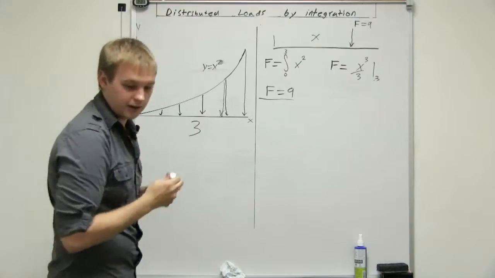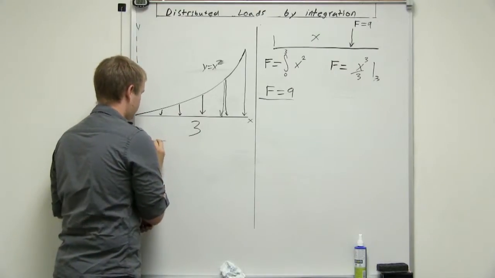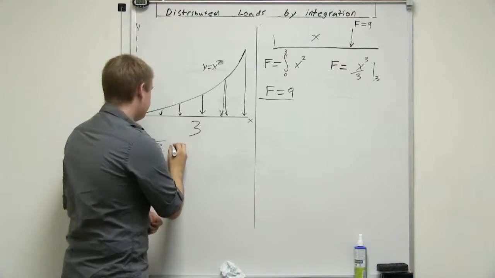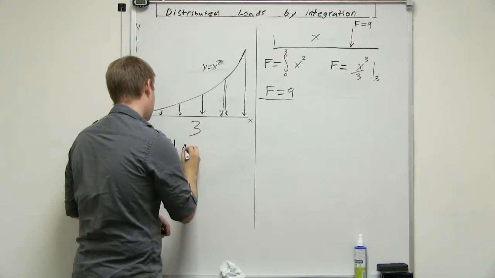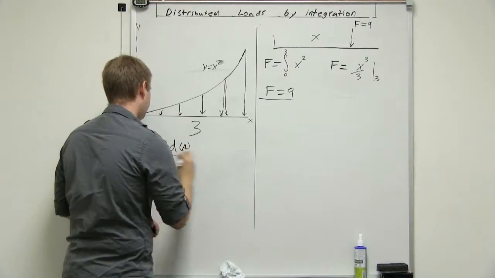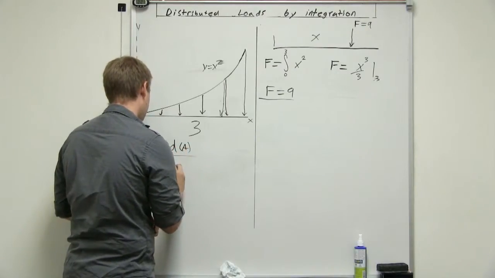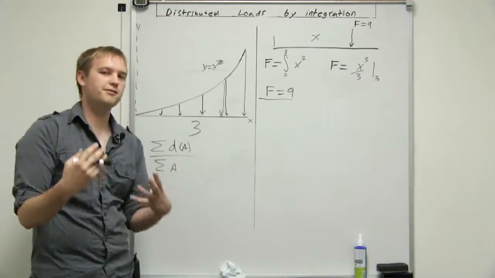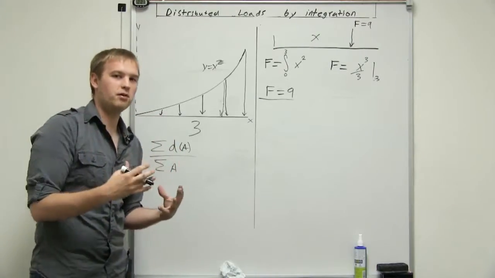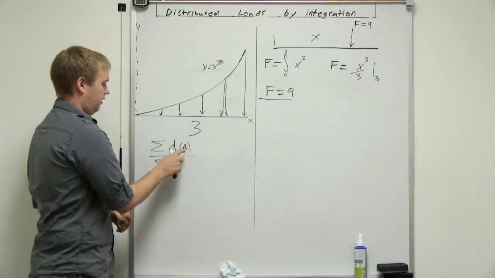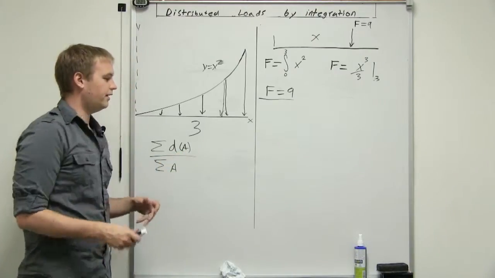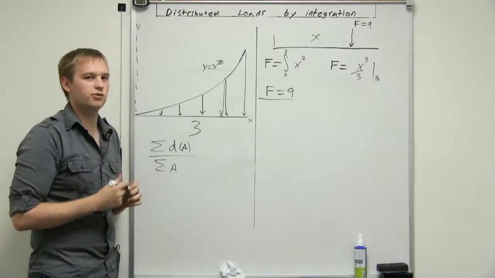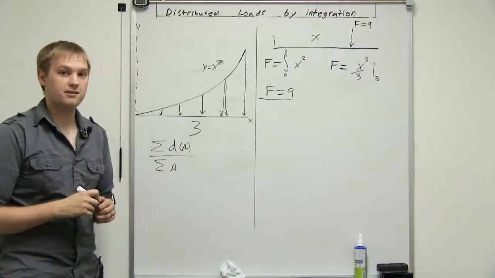So to find the centroid, you do the sum of the distances times the area divided by the sum of the areas. Basically what that means is if you have a bunch of different objects, you're going to sum up all of their areas and put them there, and then you're going to sum up all of the distances to their own individual centroids and put that for d.